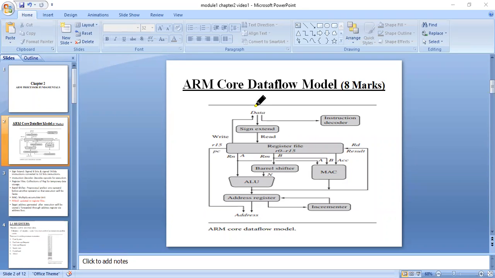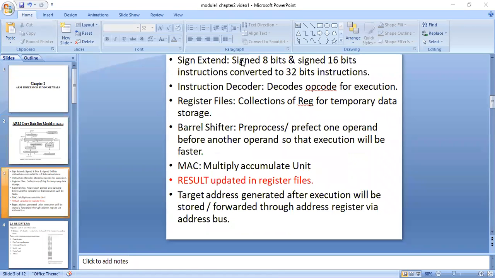Next, the data value is collected from the disk, or from an input device like a keyboard. Once the data is collected, it requires sign extension. Please remember the purpose of sign extension: it is used to convert data of either 8 bits or 16 bits to a 32-bit instruction. Why is it compulsory to convert into 32 bit?